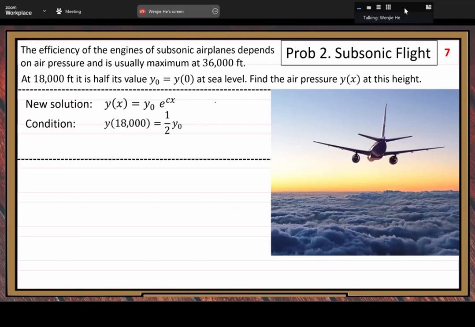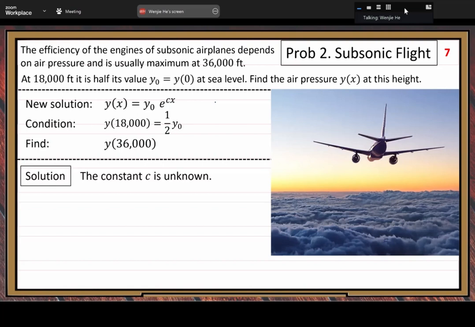Our goal is to find Y of 36,000 equals what multiple of Y0, right? This number equals a certain multiple of Y0.